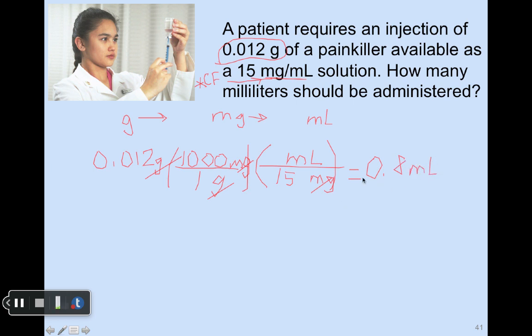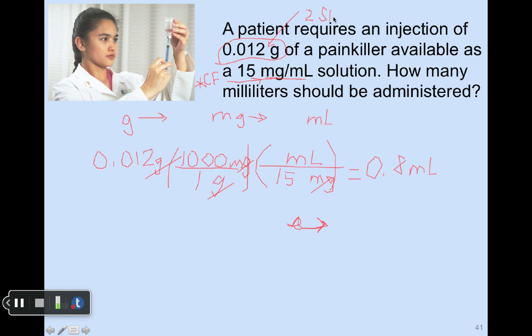Now, sig figs. What do we do with sig figs? In this question, we're going to have to evaluate how many sig figs should be in the answer. I like to just write down what you see from the calculator and then reinterpret according to the right number of sig figs. From this question, what is the limiting number of sig figs? The first value at the top here, the 0.012, that is only 2 digits, so it's 2 sig figs.